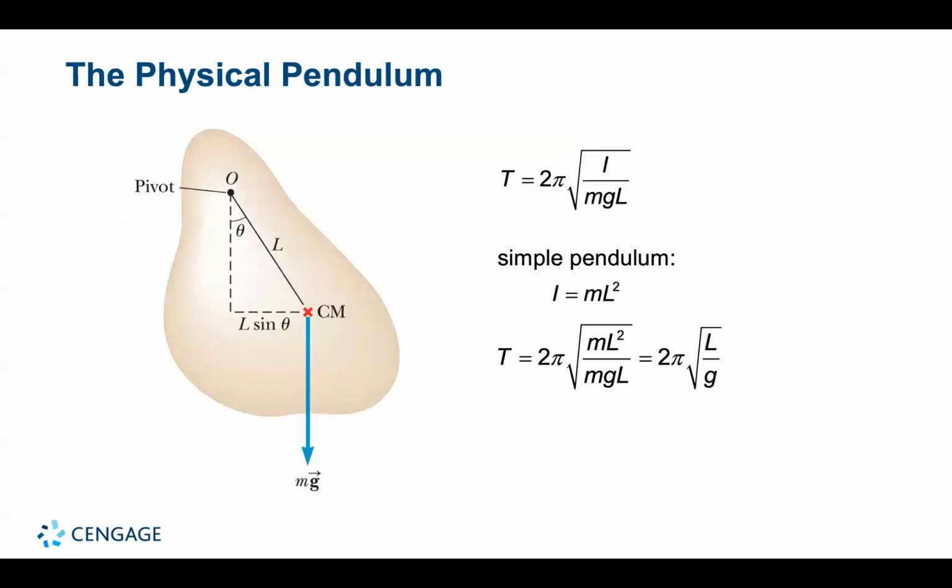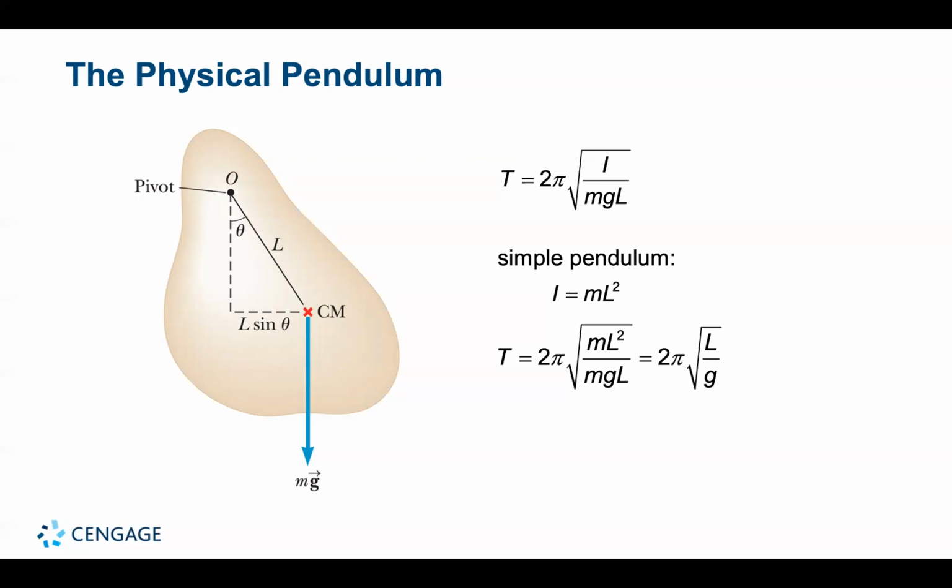Okay, let's look some more at the physical pendulum. So here we're seeing a physical pendulum pivoted at O. A pendulum, however, can be made from an object of any shape, not just a mass on a string. The general case is called the physical pendulum.